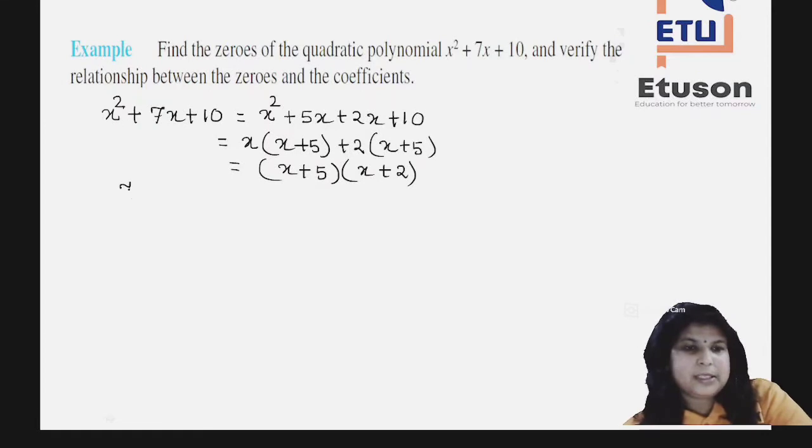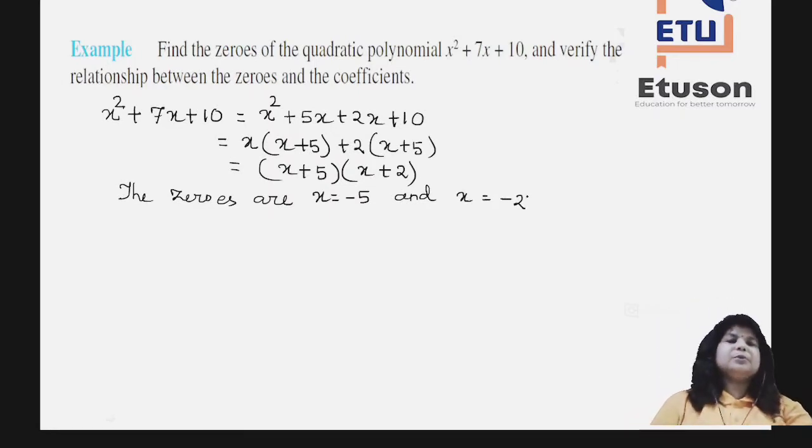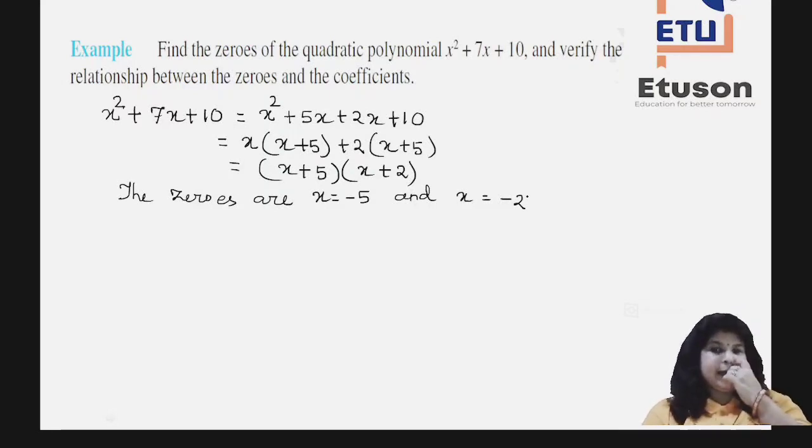So the zeros are x is equal to minus 5 and x is equal to minus 2.